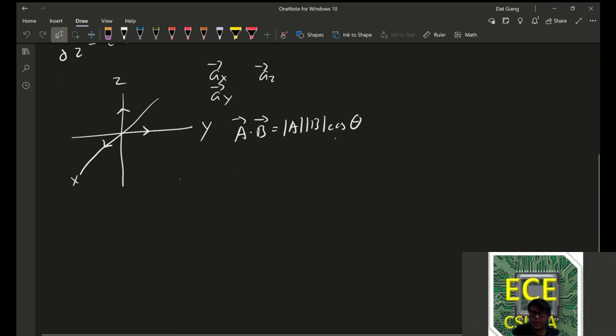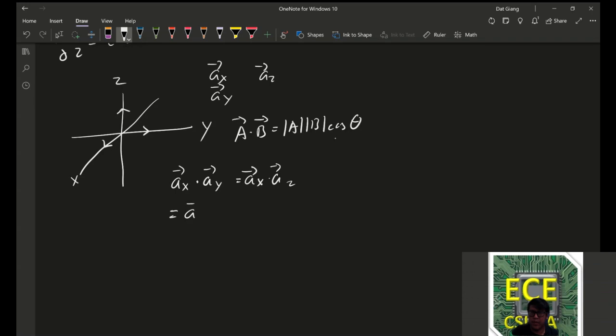As such, this leads to the following property: A_x dotted A_y is the same as A_x dotted A_z, and it's the same as A_y dotted with A_z, given that they're all 0.